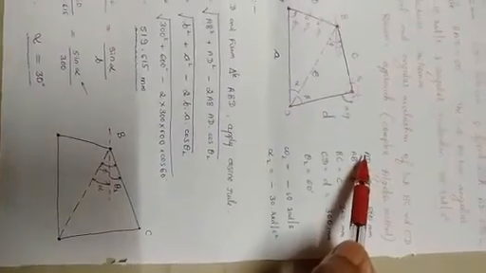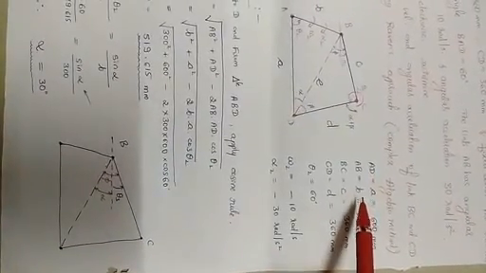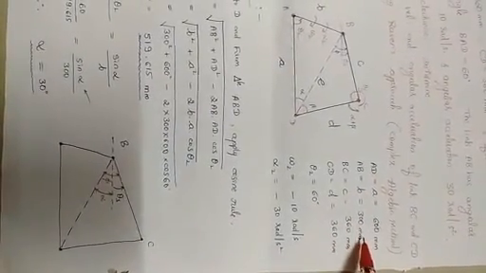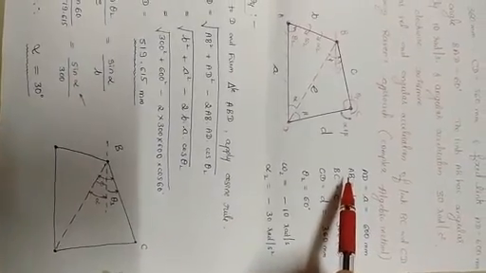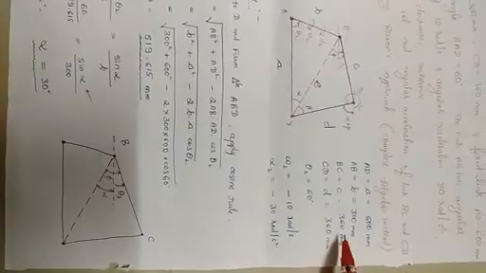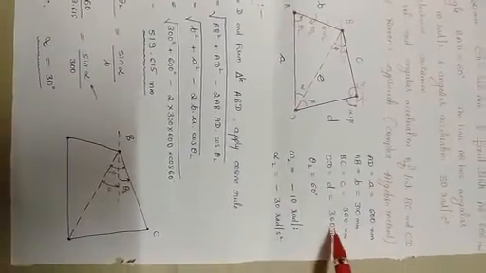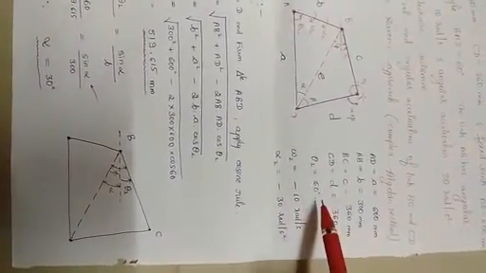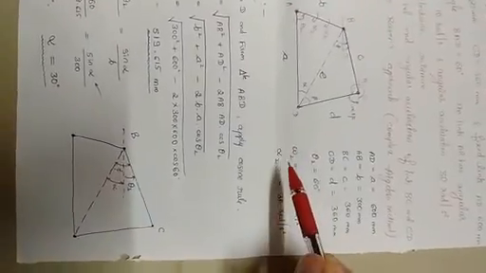Write down the given data. AD equals 600 mm, that is the fixed link. Next, AB equals 300 mm, BC equals 360 mm, CD equals 360 mm and theta 2 equals 60 degrees.